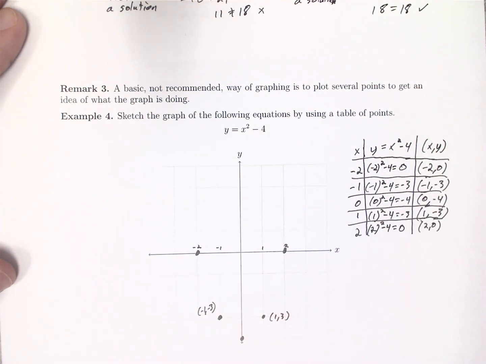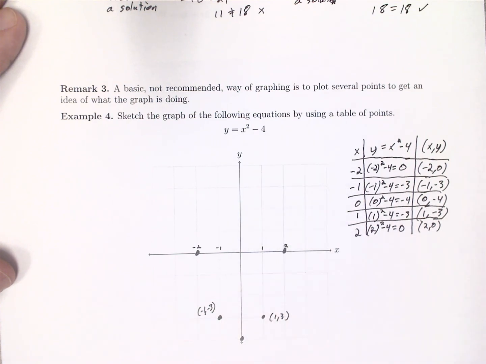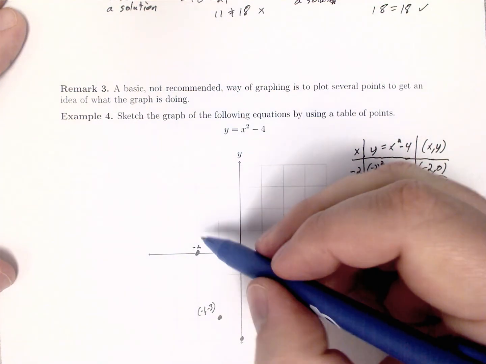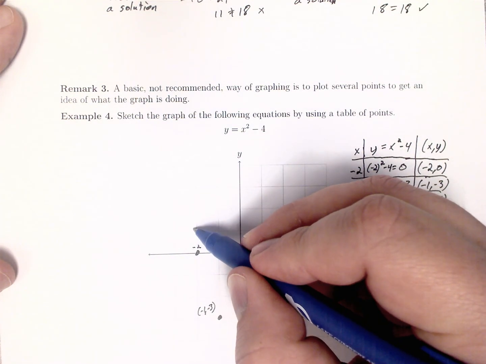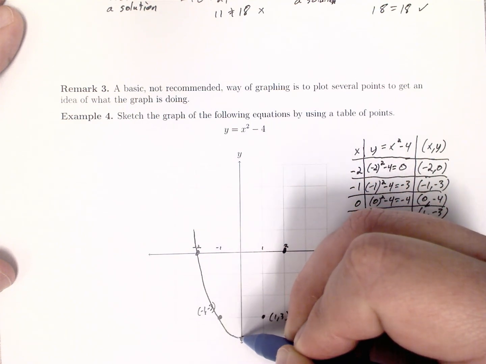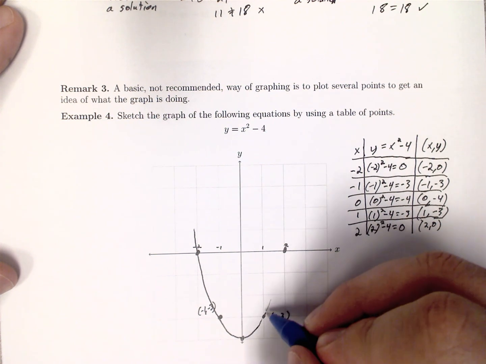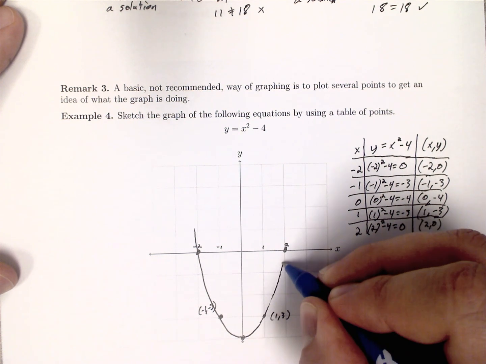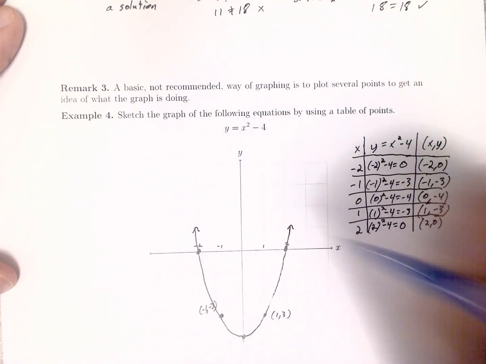For our purposes, especially early in this class, we're mostly just going to be dealing with functions that are smooth and continuous. Because of that, we can just try to smoothly connect these points, and we get this graph right here.